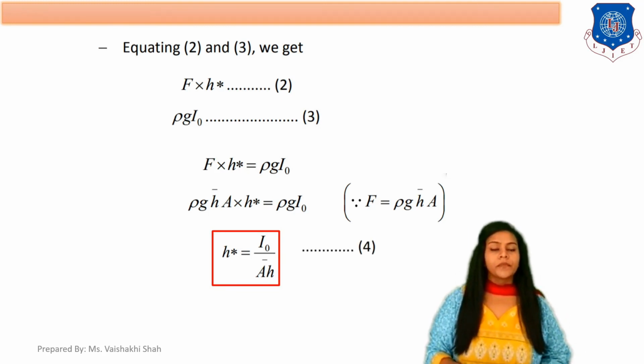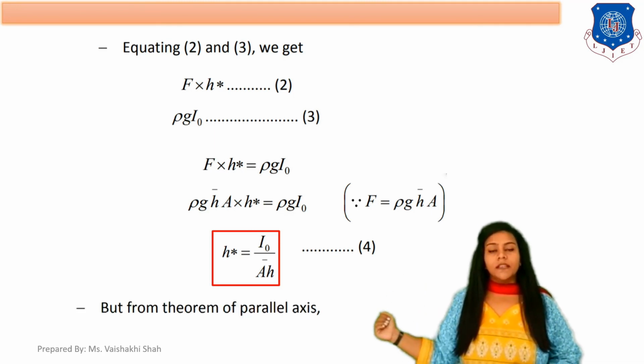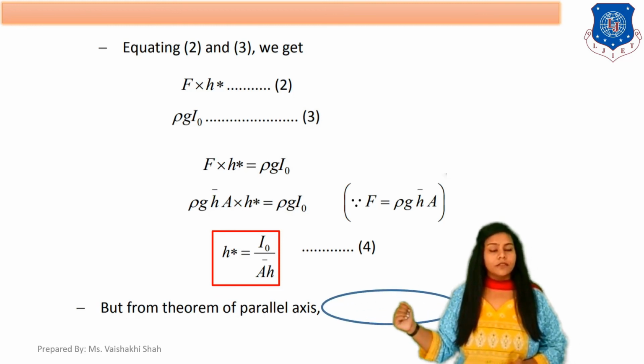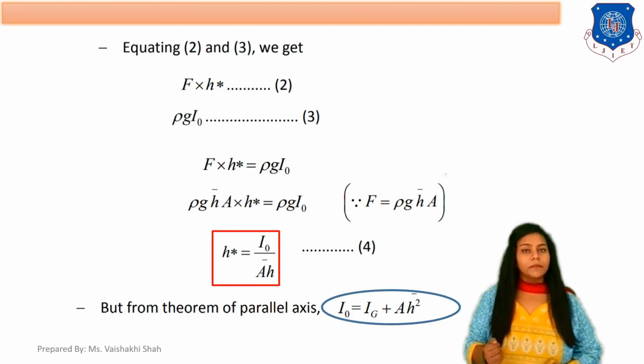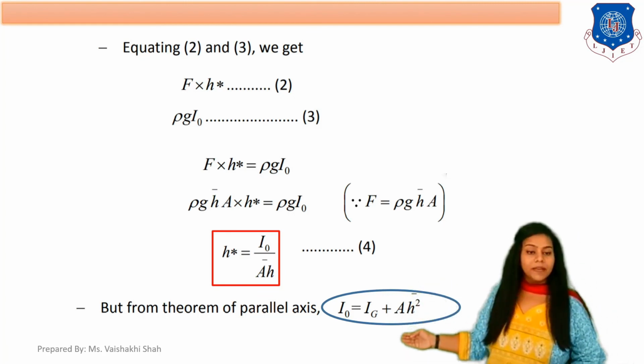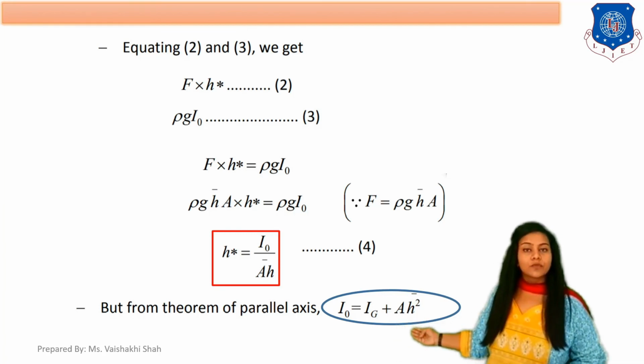Now, this is your equation number 4. But by the parallel axis theorem, which you also study in your subject called MOS, you can replace I0 with Ig plus A h bar square.